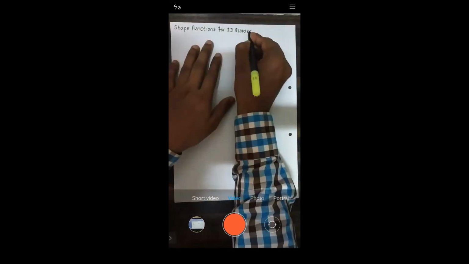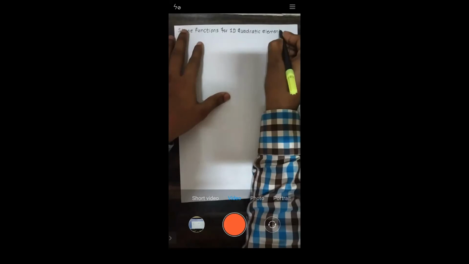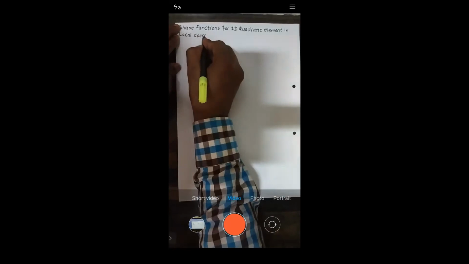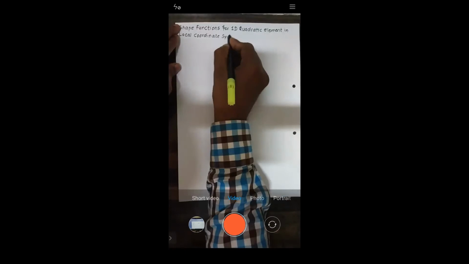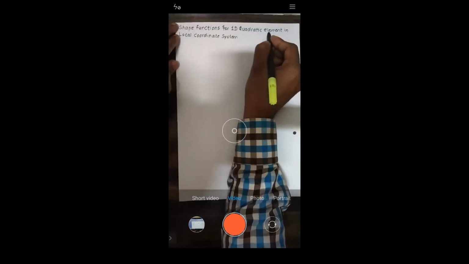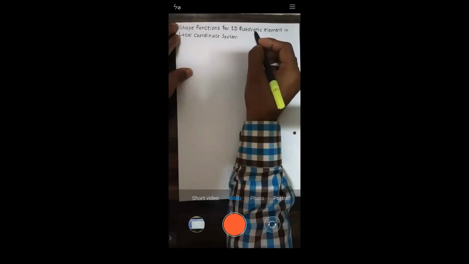Shape functions for 1D quadratic element. Initially we are going to see in local coordinate system. Okay, we are finished with the linear. Now we are moving to quadratic, and in quadratic initially we are going to see it in local.